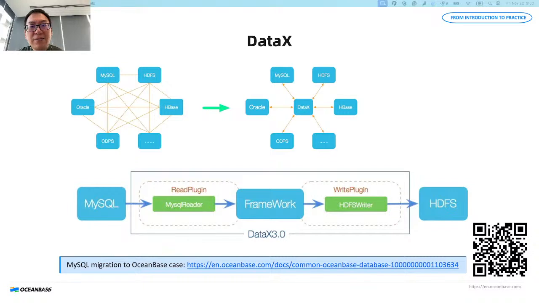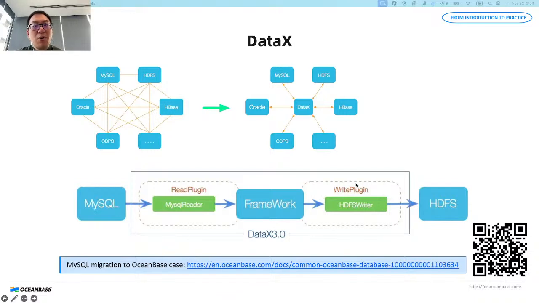DataX simplifies this by transforming it into a star-shaped architecture, as shown in the right picture. Its architecture is relatively simple, which is the framework plus plugins, including read plugins and write plugins.